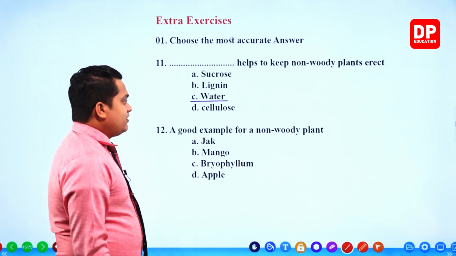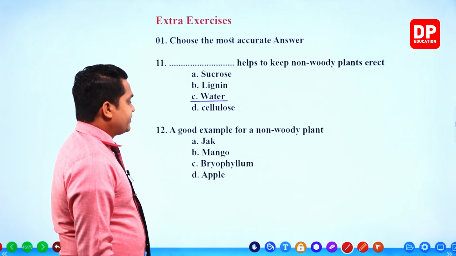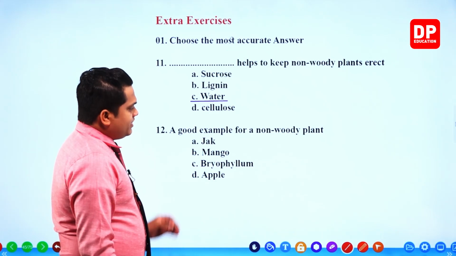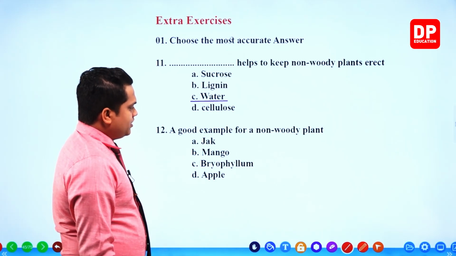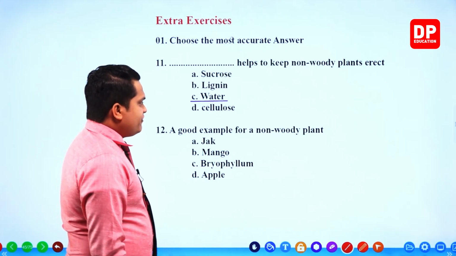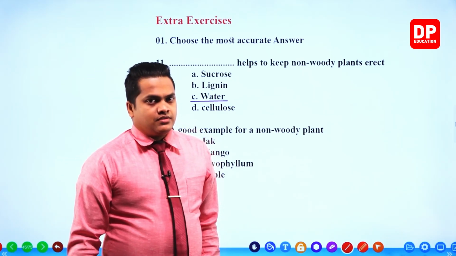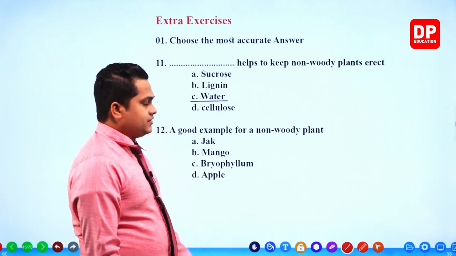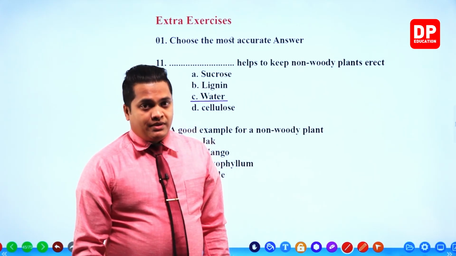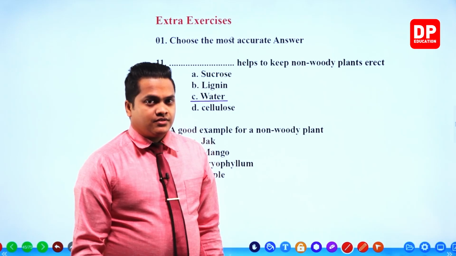A good example for a non-woody plant. Balsam is not given. However, if you eliminate woody plants out of the given answers, the remaining one should be the non-woody plant.